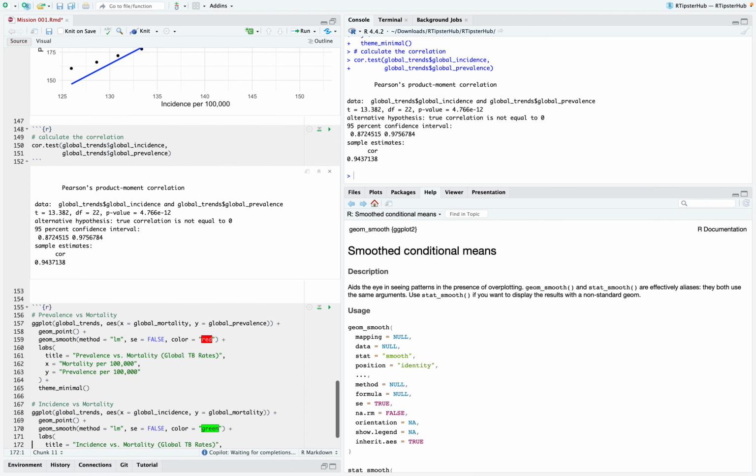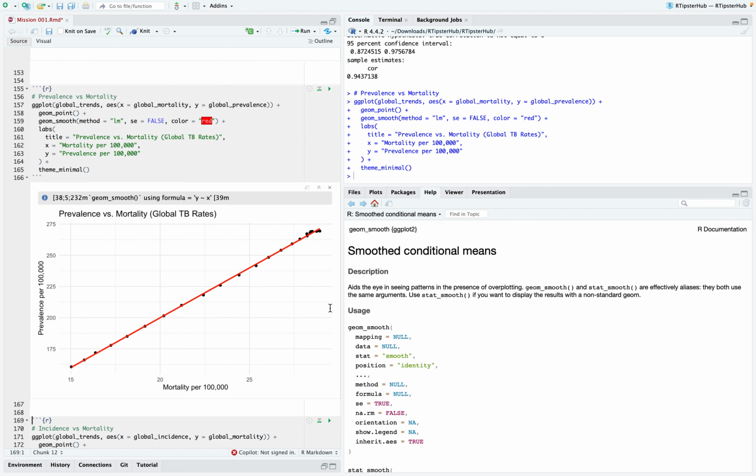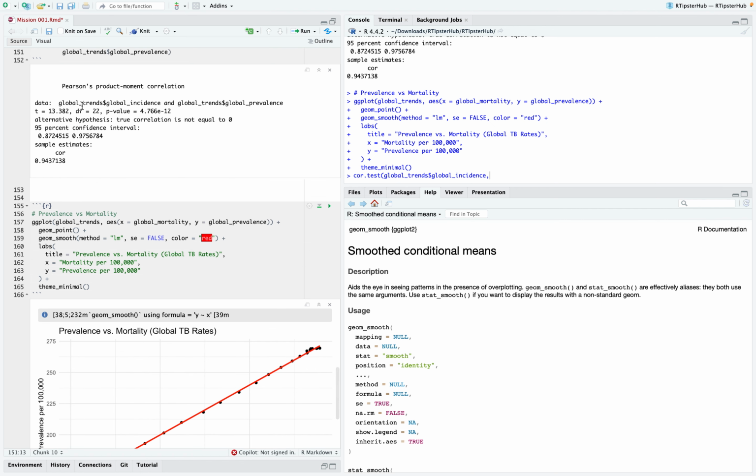Then for the next one, it's prevalence versus mortality. Basically the same code, you just change to global mortality. Okay, this is also quite strong. Yeah, let's do the correlation test.